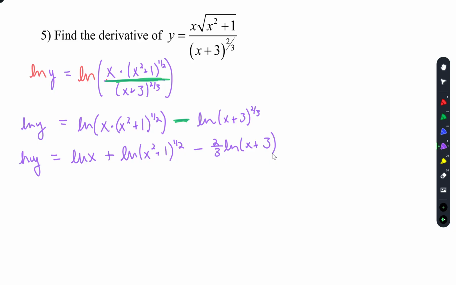Oh dang it, I didn't do the half yet. So basically you break it all the way down until your powers are down. And that's when you do your derivative. So you get natural log y equals natural log x plus 1/2 natural log x squared plus 1 minus 2/3 natural log x plus 3.